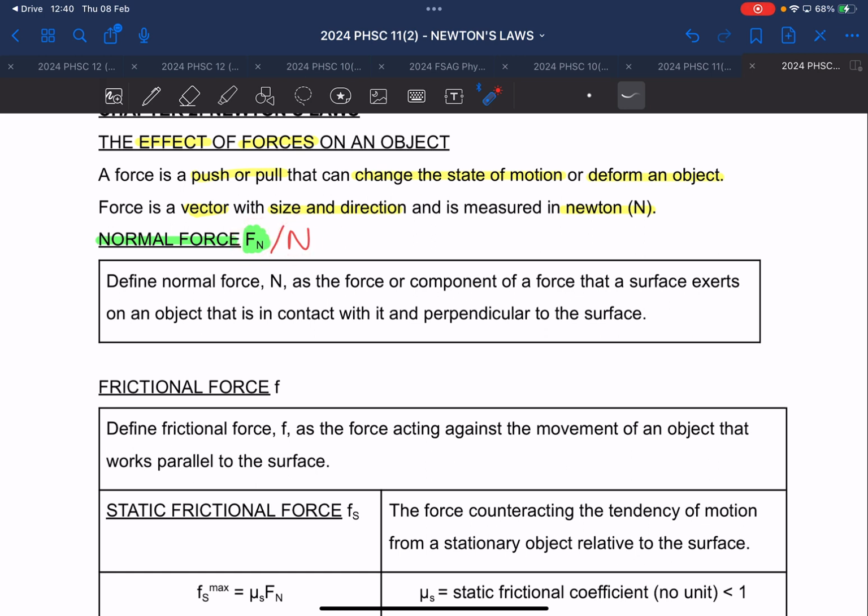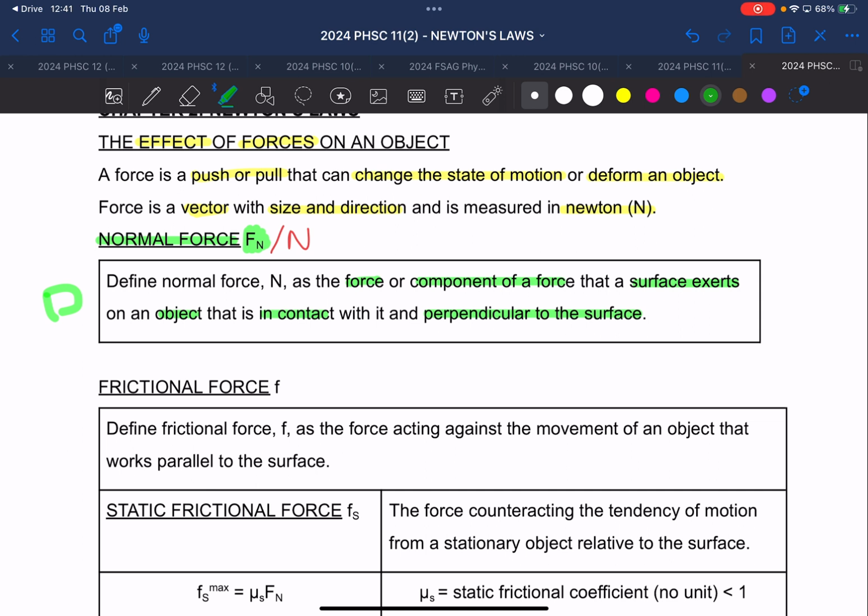Okay, the definition for a normal force: normal force is a force or a component of a force that a surface exerts on an object that is in contact with it and is perpendicular to the surface. So normal force, there's 2 things. The surface must be in contact with the object and the force is perpendicular.